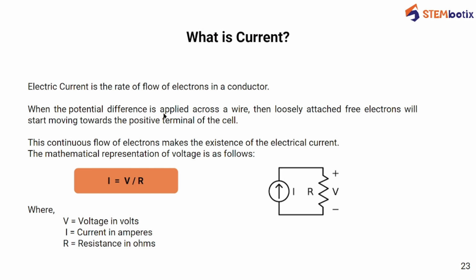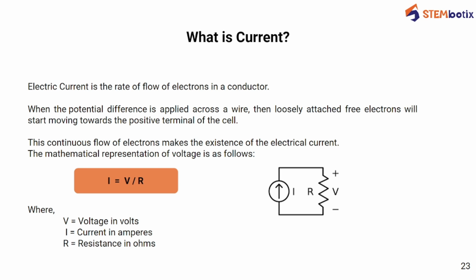So electric current is nothing but the rate of flow of electrons in a conductor. So the rate of flow of electrons is denoted by current. Whenever there is a flow of electrons, that is current.